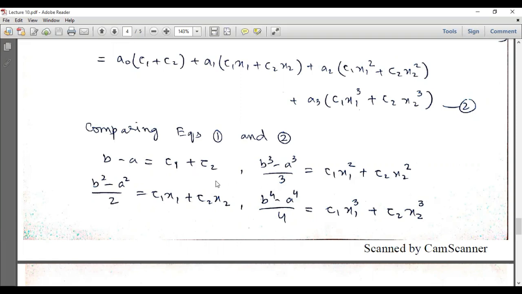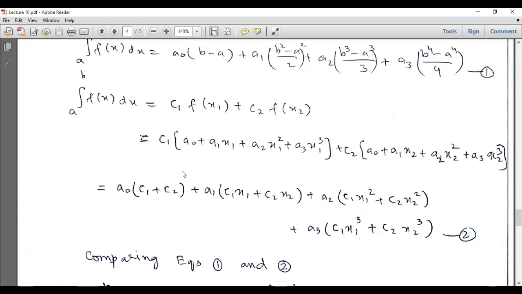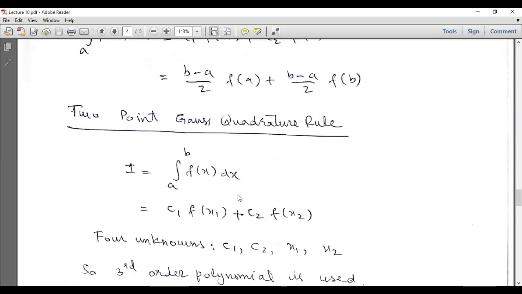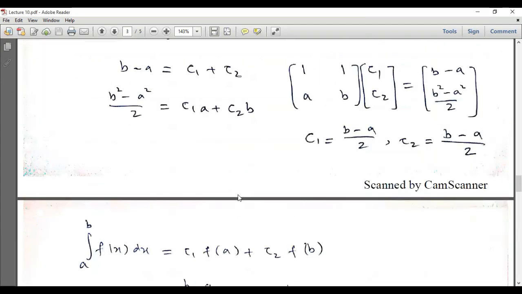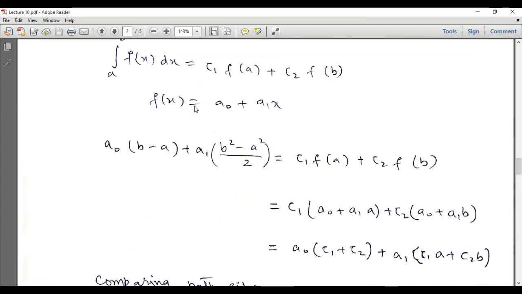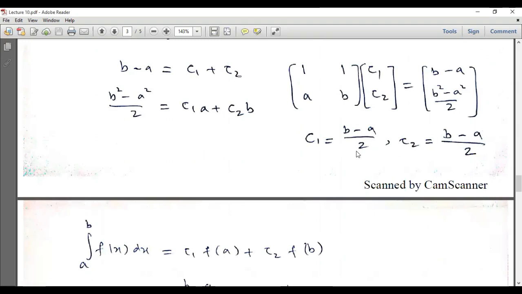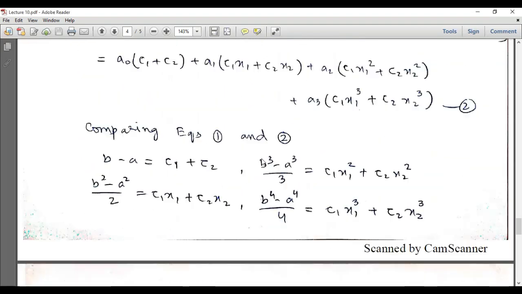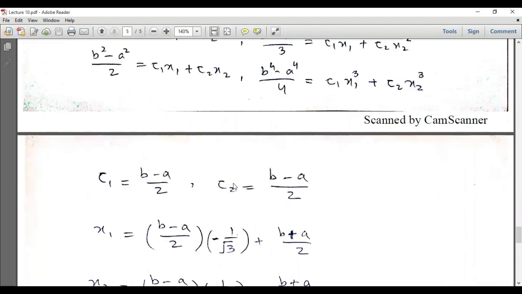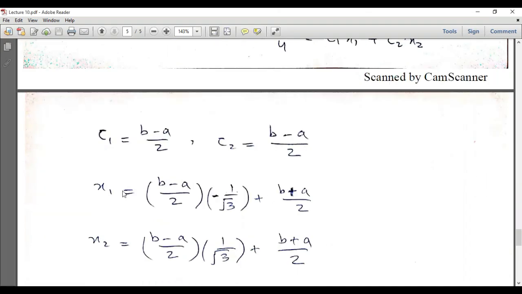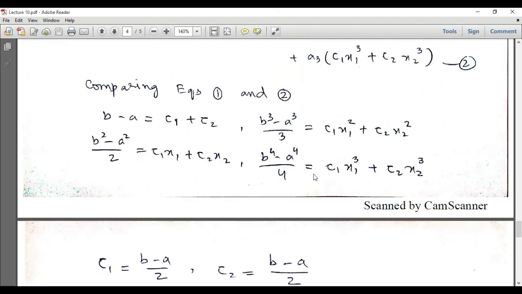You can observe that the first two equations are exactly the same as we obtained for the Gauss quadrature rule in which we used the first order polynomial approximation. So we will get the same values of c1 and c2 as before, equal to (b minus a) by 2. The other two unknowns, x1 and x2, can be evaluated by solving these four equations simultaneously.